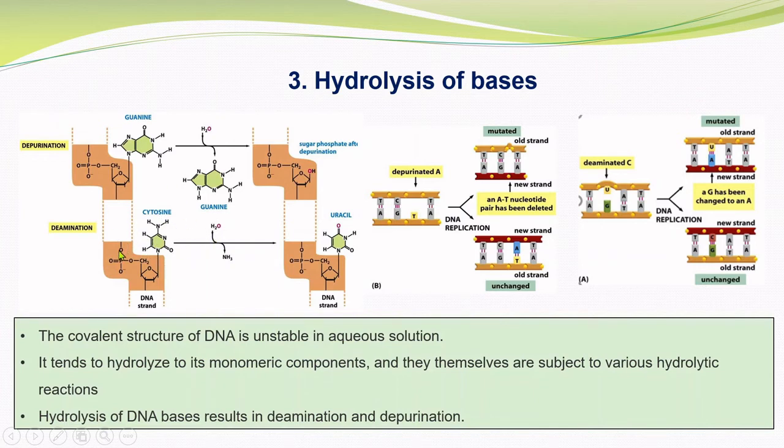So this cleavage can result in deamination of the bases. Like here, the cytosine, due to hydrolysis, deaminates to uracil, and uracil will base pair with adenine in subsequent replications, and therefore a GC base pair would be mutated to an AT base pair.